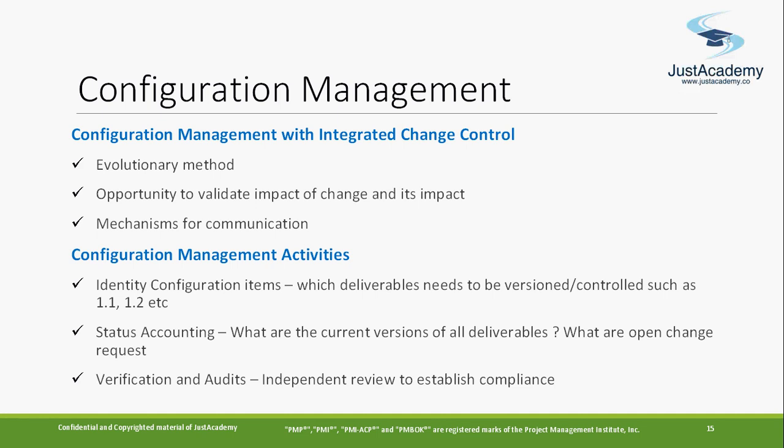You have to identify each and every configuration item, because normally a product has product specifications. When you're developing such products, you have those configuration items, and when any changes come in any item, you can easily identify it. That's why the configuration management activity consists of identifying configuration items, status accounting, and verification and audits.